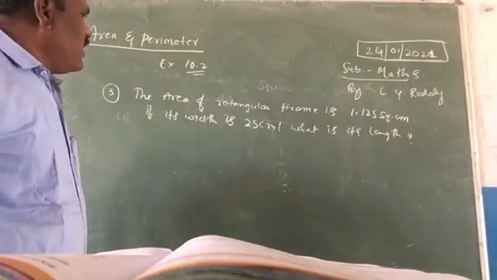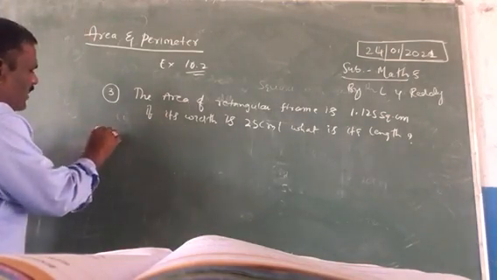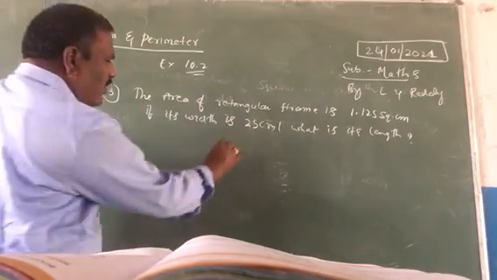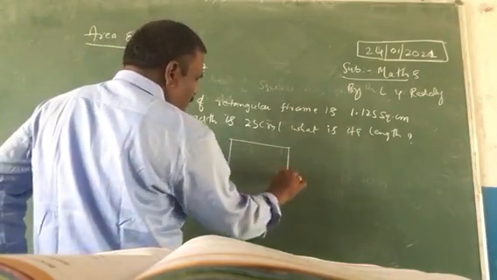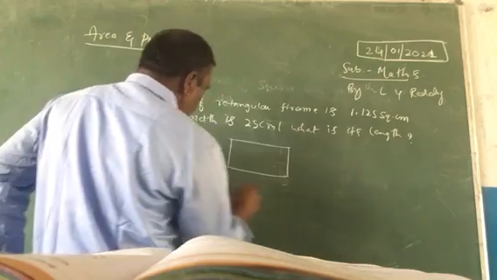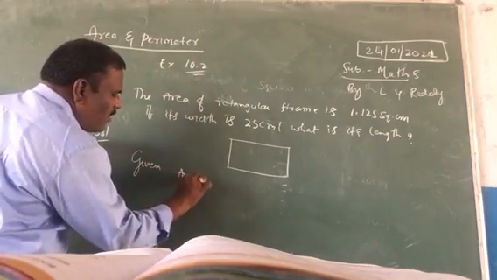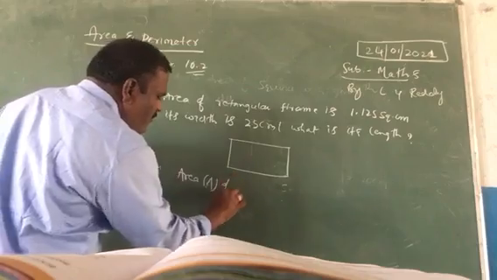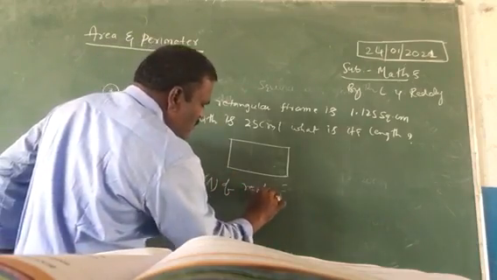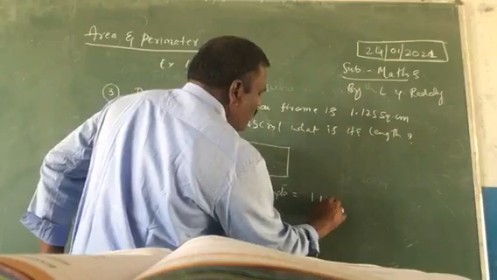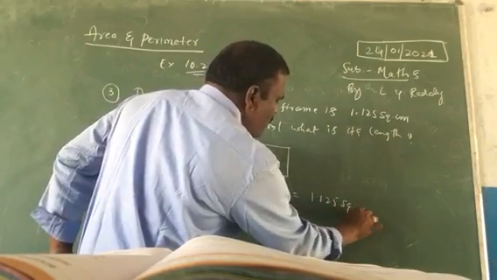Now children, very clear, rectangular frame. Just draw a rough rectangular frame. Therefore, what is given, children? Area of the rectangle is given as 1125 square centimeters.